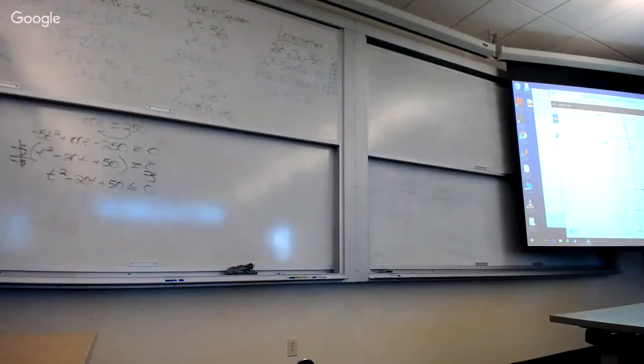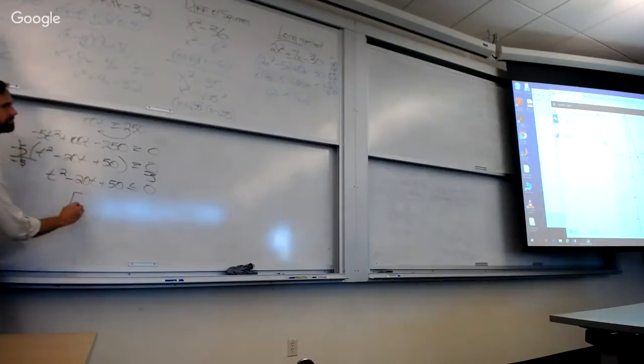Now, what are we asking about again? We're asking when is it less than 0, meaning when is it below the axis? It's below the axis between 2.929 and 17.071. So how would we write our answer?